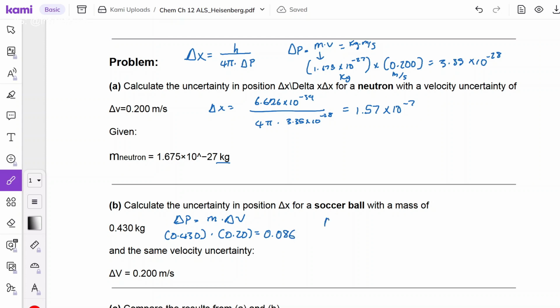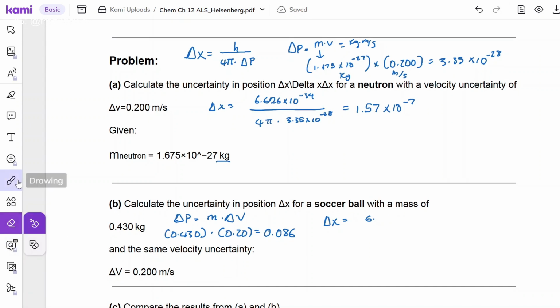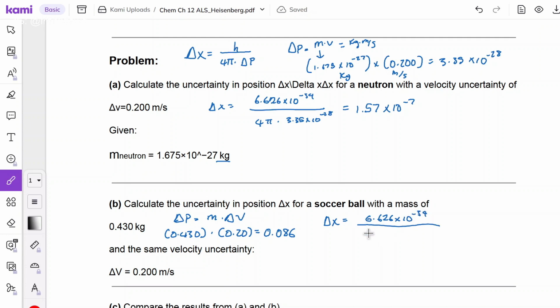Now we put this into this equation, which is 6.626 times 10 to the negative 34, the h, if you remember, divided by 4 pi times this 0.086.